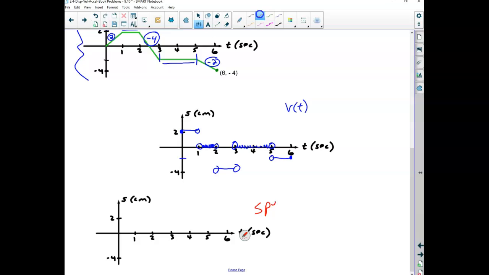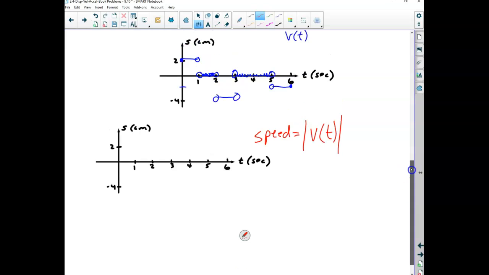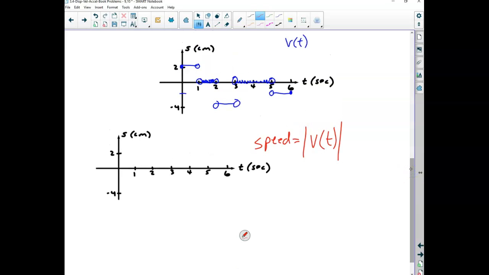All I need to do for my speed graph, because this last one is going to be speed, remember, speed equals the absolute value of velocity. From 0 to 1, I was at positive 2. Then from 1 to 2, I was at 0.